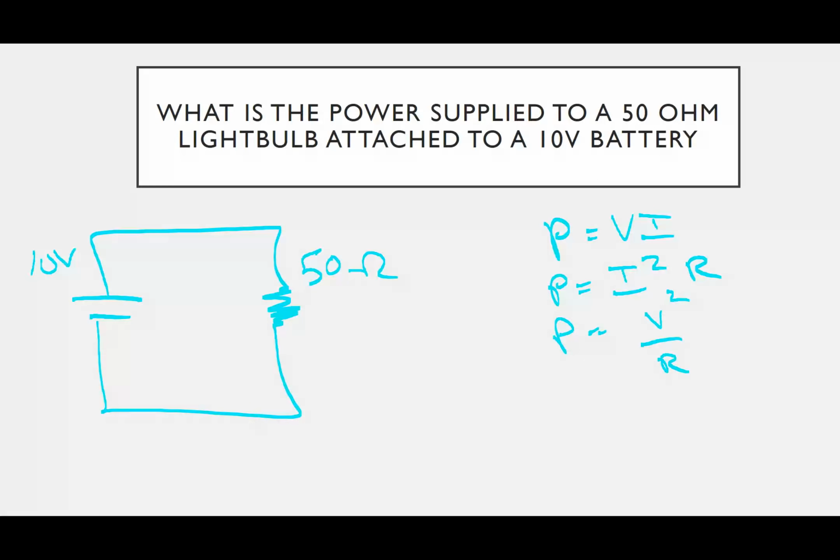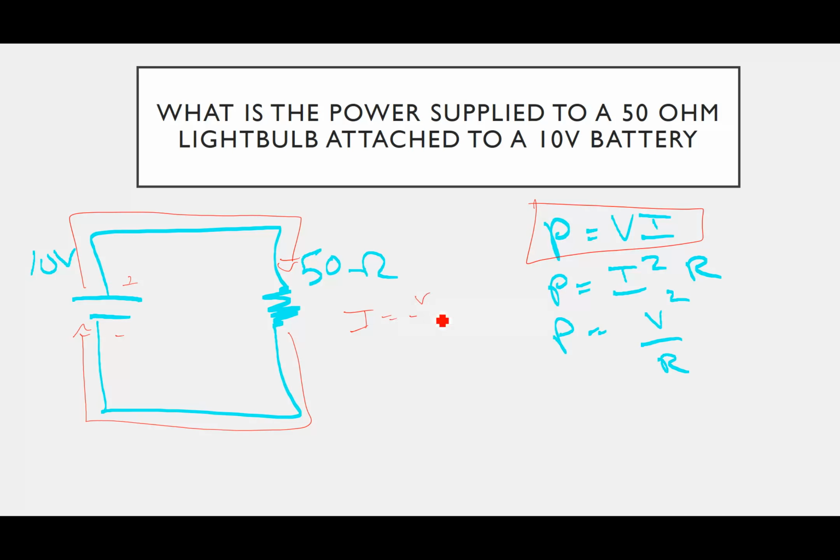All right, so once again, here's my current. It leaves the positive terminal of the battery, goes through my resistor, and then ends up at the negative terminal. So here I have a voltage and I have a resistance provided. Our standard equation, P equals VI, wants me to solve for the current. Well, I could do that. It's not too hard.